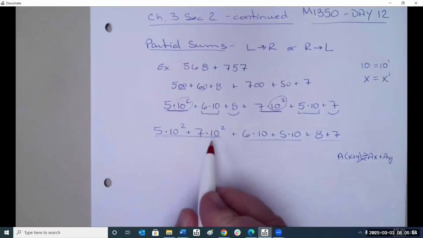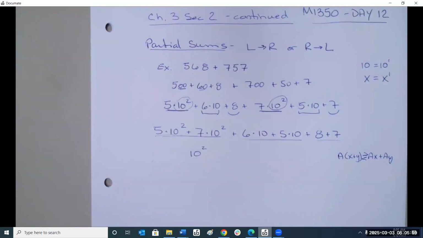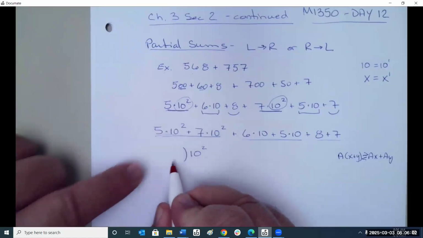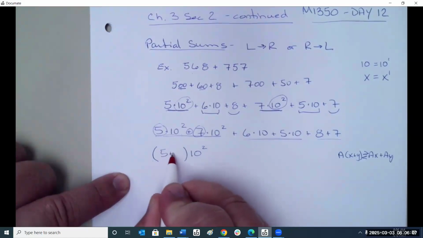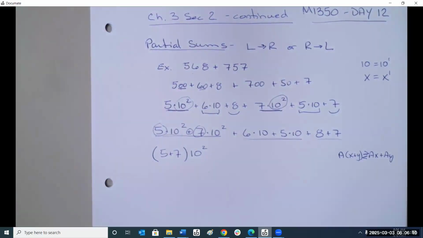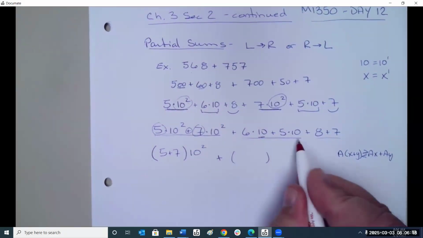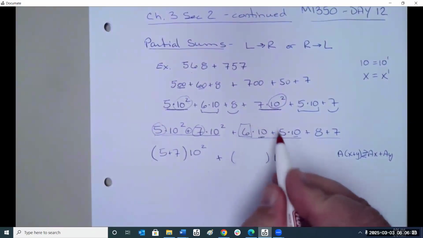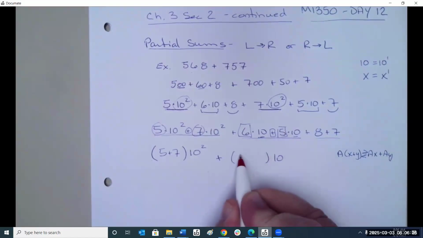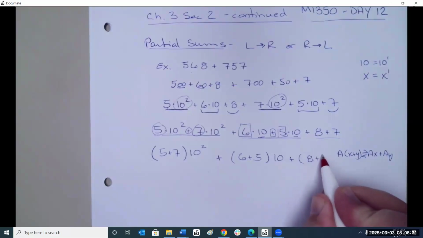Since these two both have 10 to the second, if I take out the 10 to the seconds, what do I have left? 5 plus 7. That's how factoring distributivity works. This next one, they both have a 10 in common. So if I take out the 10s, I get a 6 plus 5. And then the last one is just the ones.